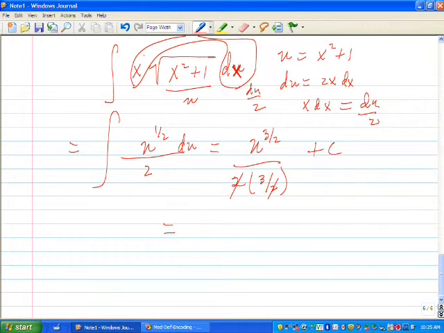So the answer is u to the 3/2 over 3 plus a constant. Resubstituting, we get x squared plus 1 to the 3/2 divided by 3 plus a constant.